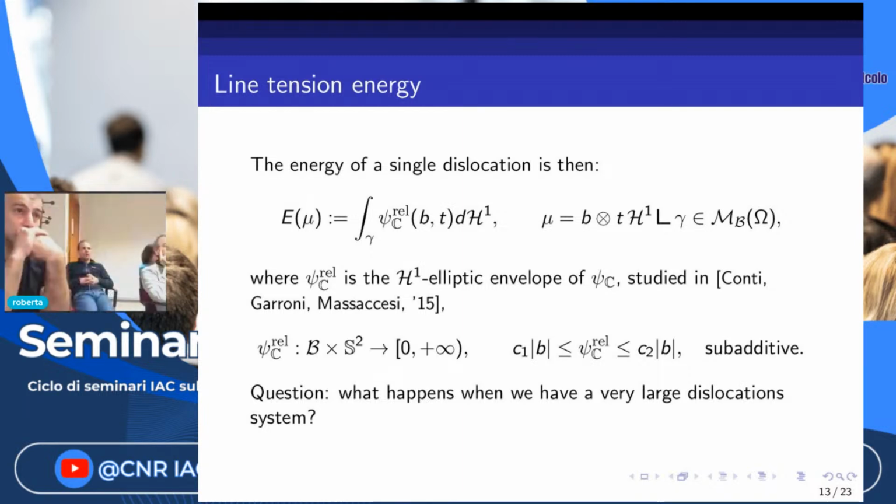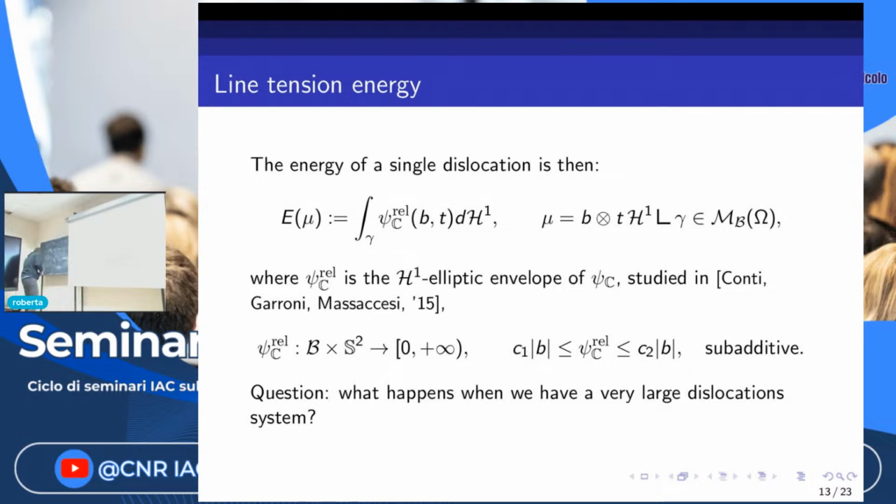Another question one may ask, after having obtained a relaxed energy per unit length of the dislocation, is this: if I take a system of dislocations with total length diverging, can I rescale this energy to obtain something meaningful, again in the setting of gamma convergence?